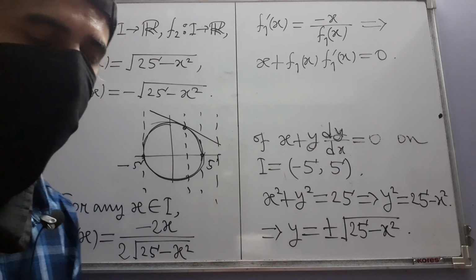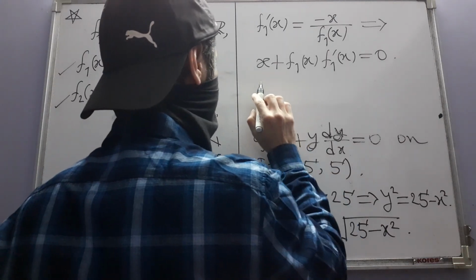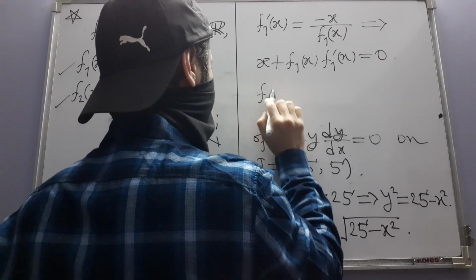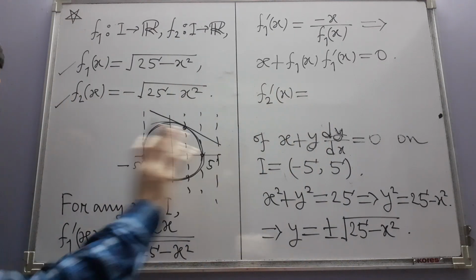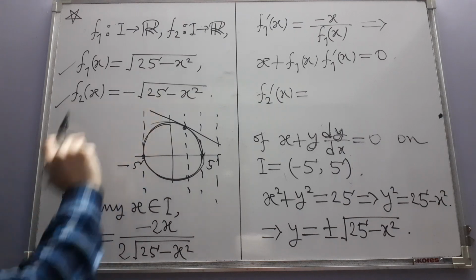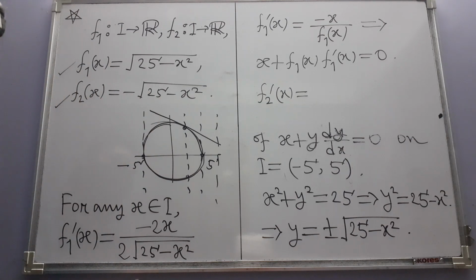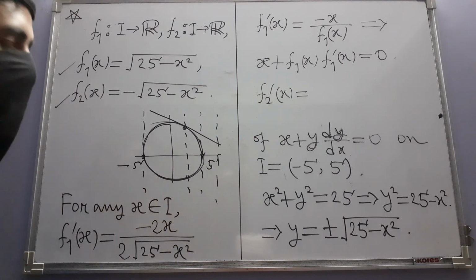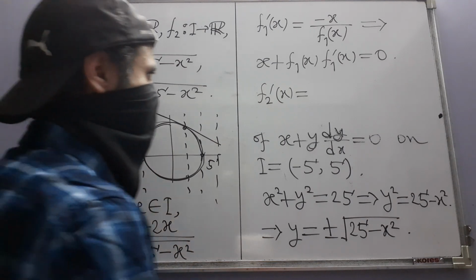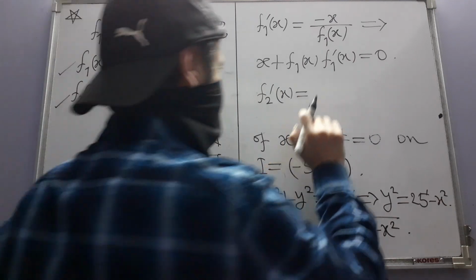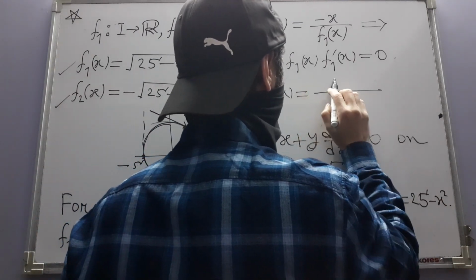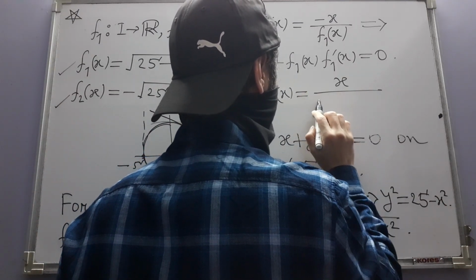What about f2? Let us see that also. f2 prime of x again is coming from our f1. If we differentiate this, we will get almost exactly what we got there, but with a minus sign.